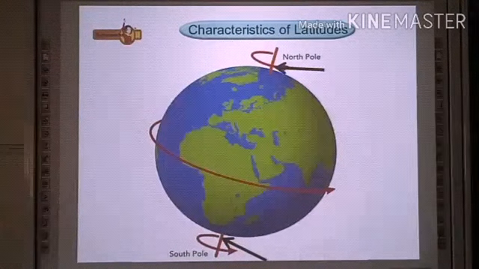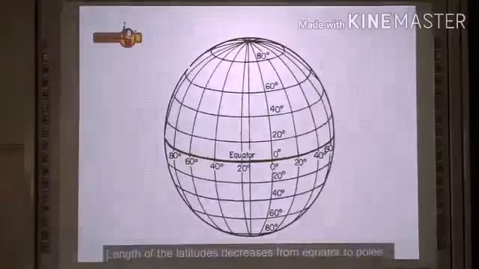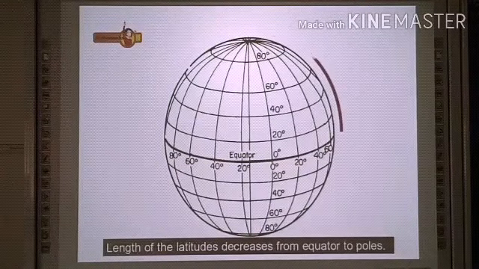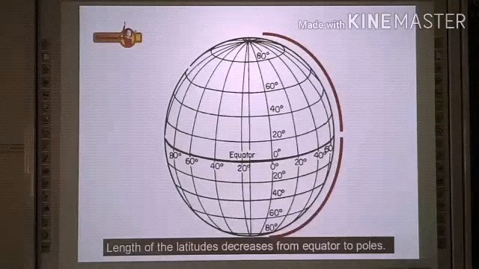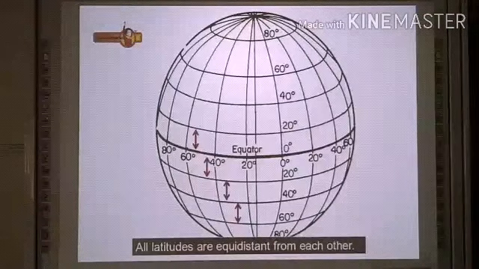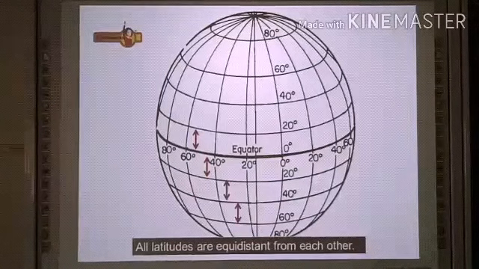The length of the latitudes keeps on decreasing as we move from the equator to the poles. All latitudes are equidistant from each other. There are a total of 181 latitudes including the equator.